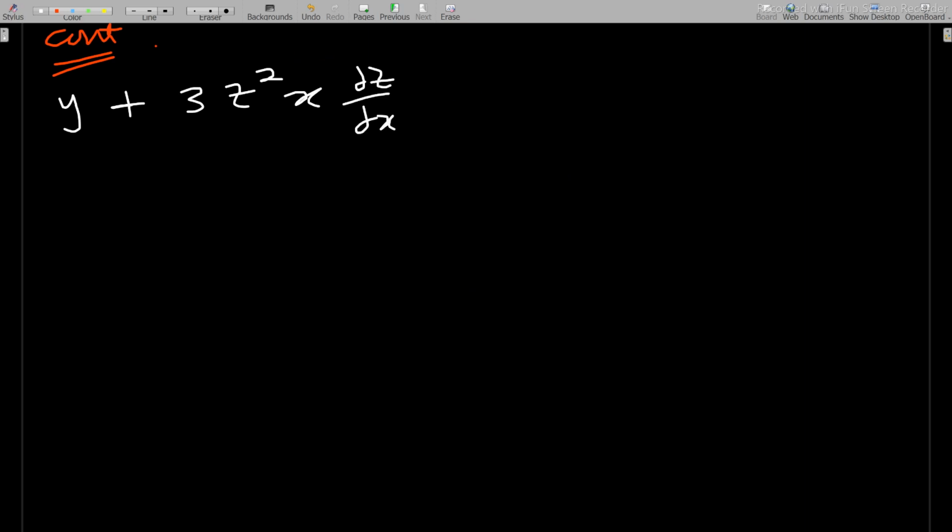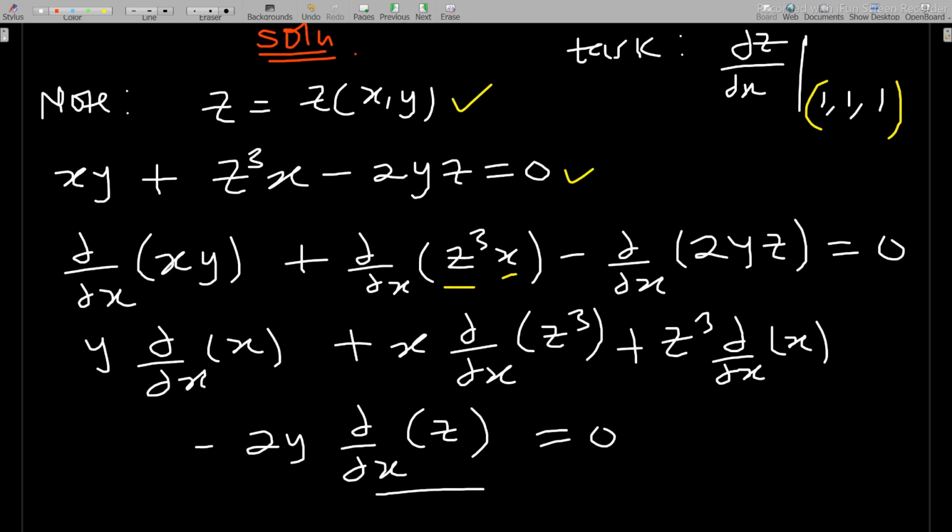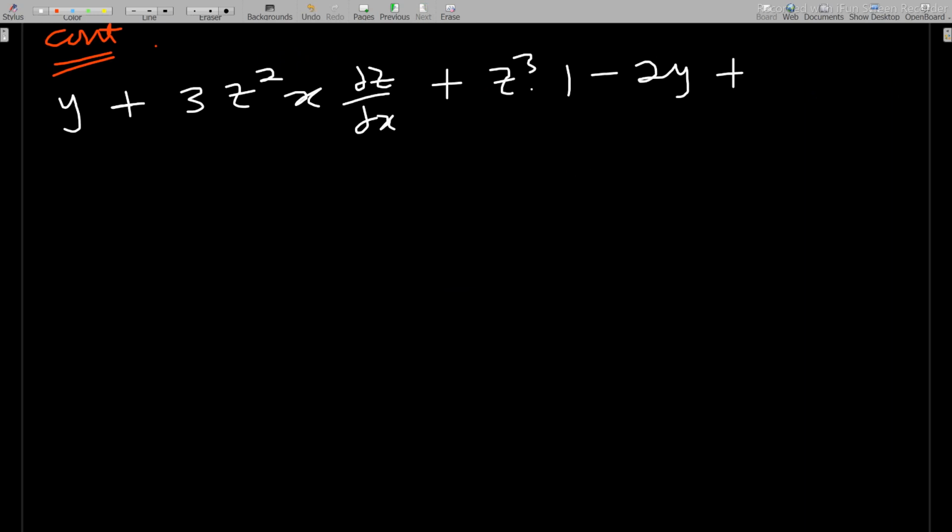Then I move forward to the other one, plus z cube times the differential of x with respect to x, and that will be just 1, so z cube times 1, then minus 2y, and differentiate z with respect to x. I differentiate z, I'll get 1, then I differentiate the z itself with respect to x, I'll get del z del x, should be equal to 0.